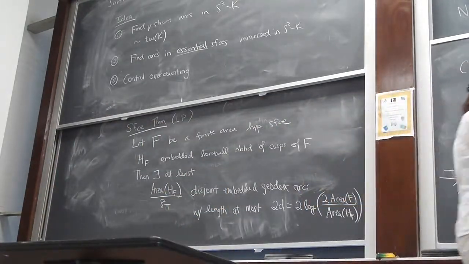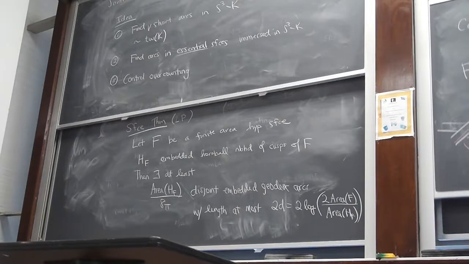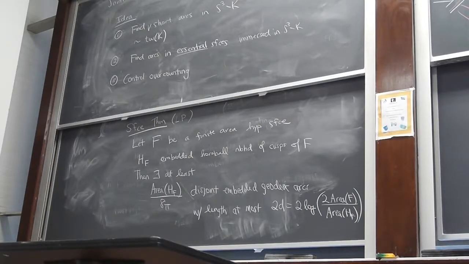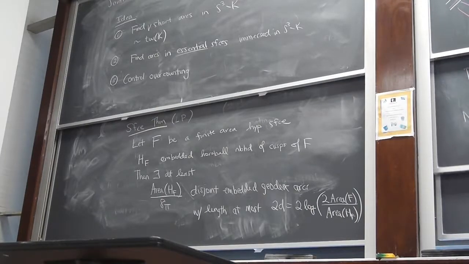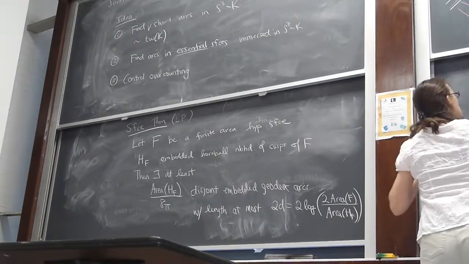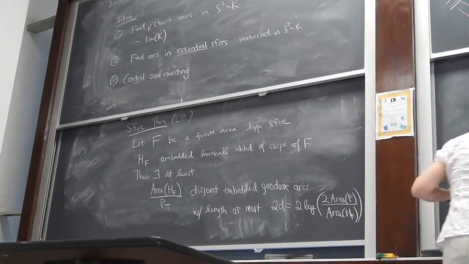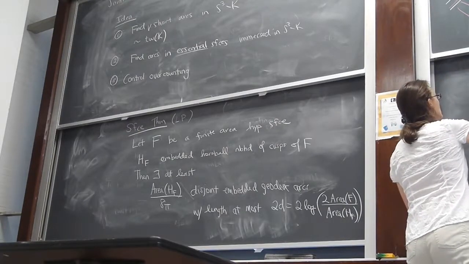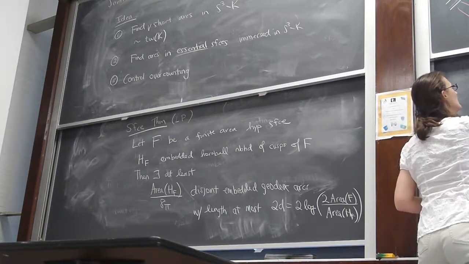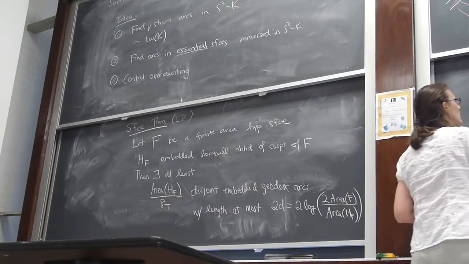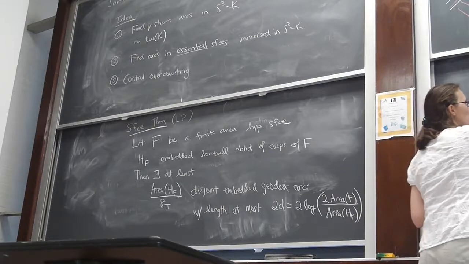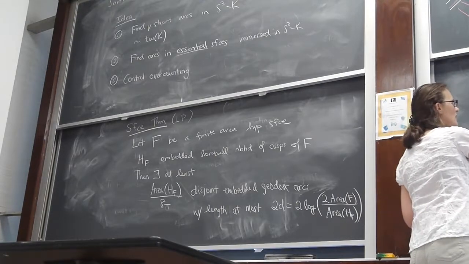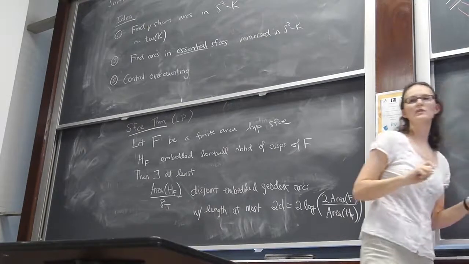So for the overcounting, suppose we have two arcs, gamma 1 and gamma 2, that are homotopic.